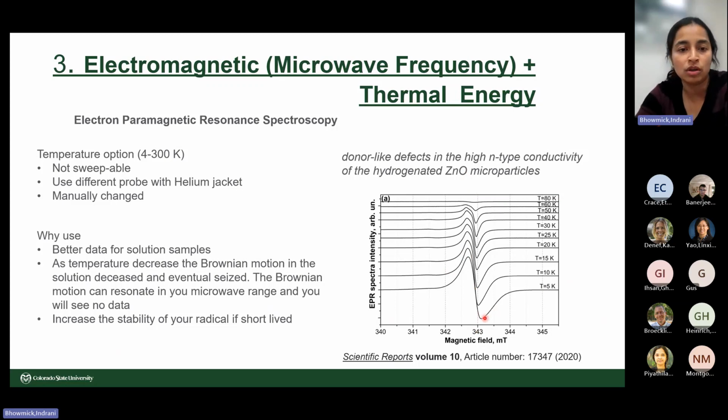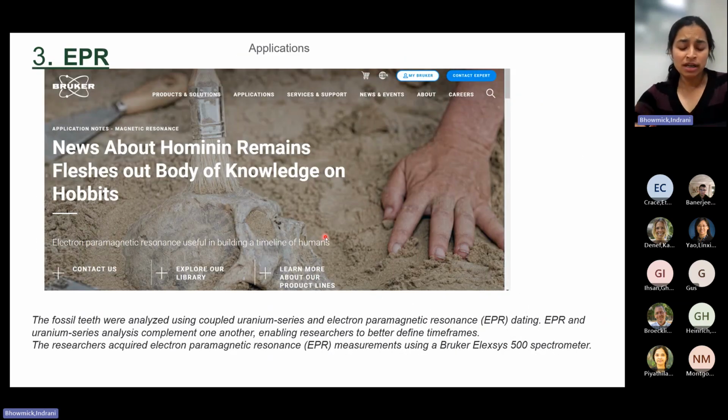What's your goal of the material analysis is. Here is one last cool example from the Bruker website, actually.